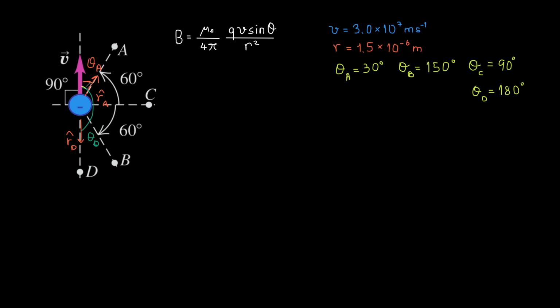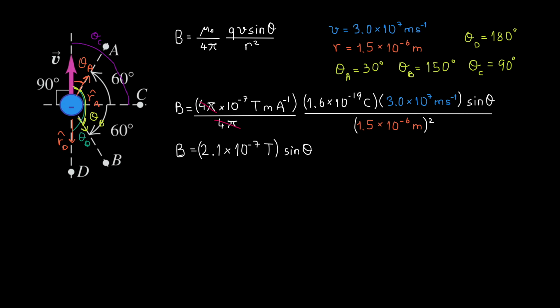The angle all the way from the velocity vector to this dashed line, this is my r hat for point B, and theta C is 90 degrees. This angle right here is theta C, basically all the way from the velocity vector's direction to the dashed line that points to point C, which is the direction of r hat sub C. Let's apply our formula.